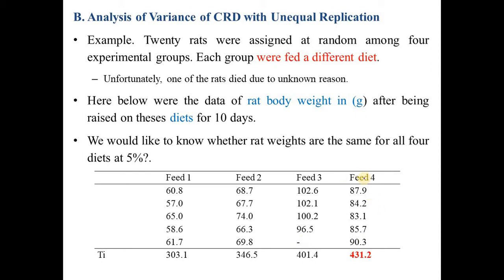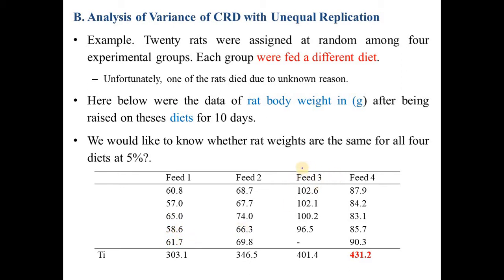And in the case of the fourth feed, all observations were recorded. After he got these values, it is better to calculate the treatment totals. The feeds are here, and these are the replications: replication 1, replication 2, replication 3, replication 4, and replication 5.